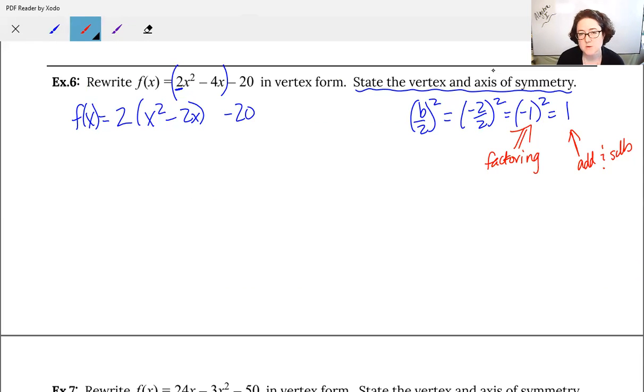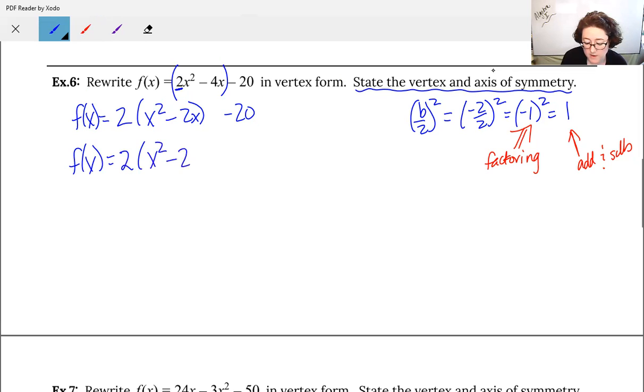Okay, so we need to be careful in this step. Here's why. If I'm going to take that 1 and add it on the inside, let me color code. Am I really just adding a 1?